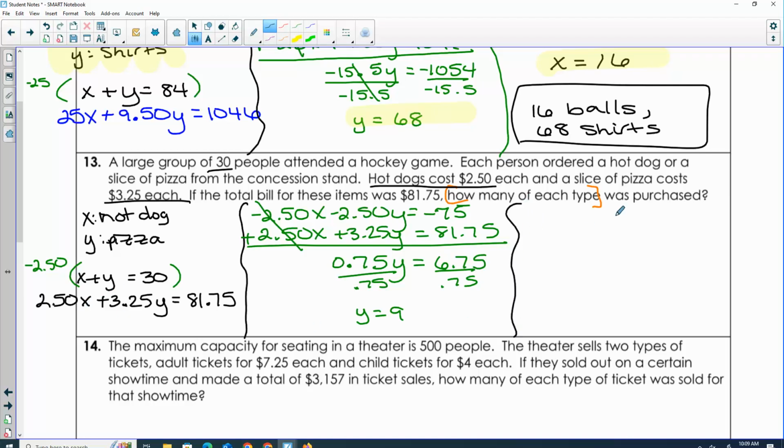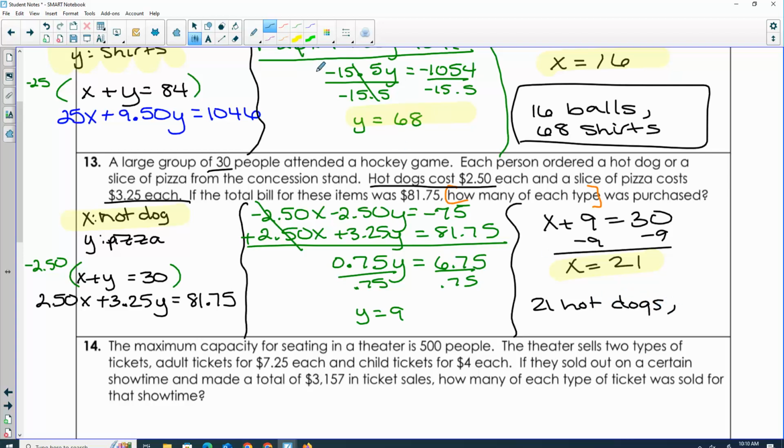Once we have y, plug it back in. So the first equation, x plus y, which is 9, equals 30. So subtract our 9, and x is 21. So the answer, x was hot dogs. So we have 21 hot dogs. Y was the pizza.